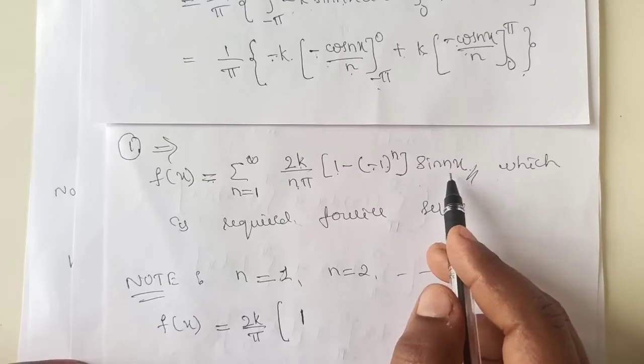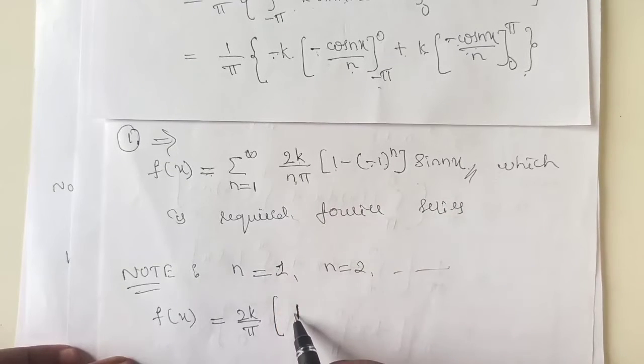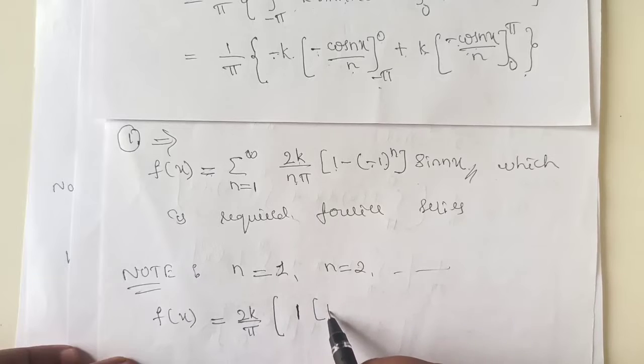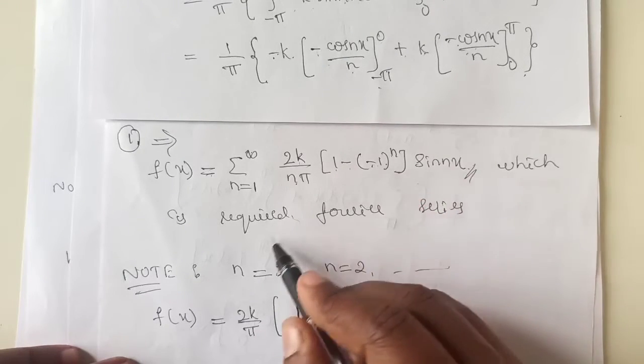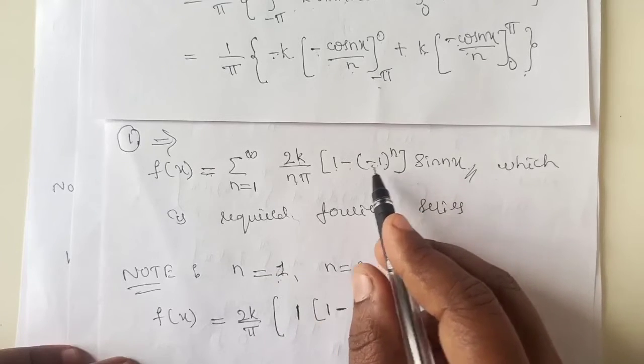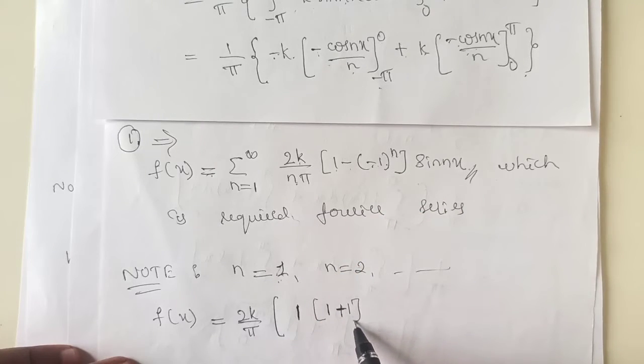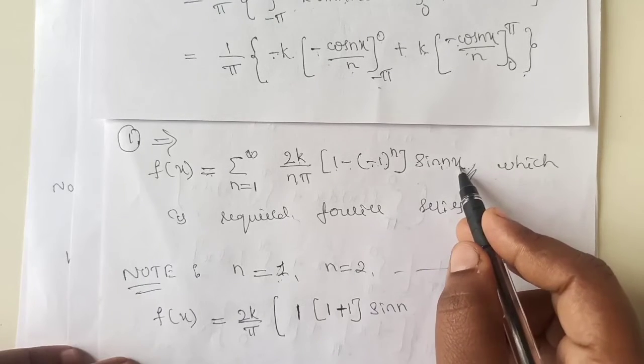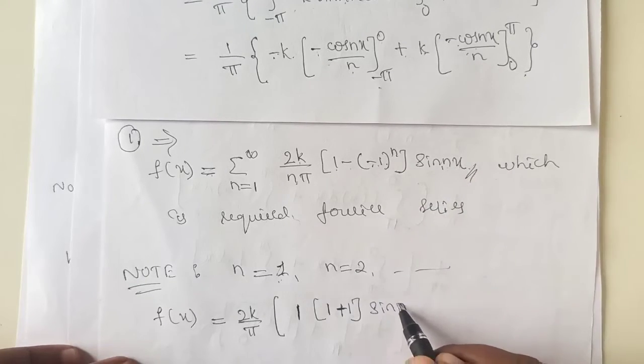So here 1 by n means 1, minus, here for odd term we get minus 1, minus into minus plus 1, sine into 1 into x is equal to sin x.